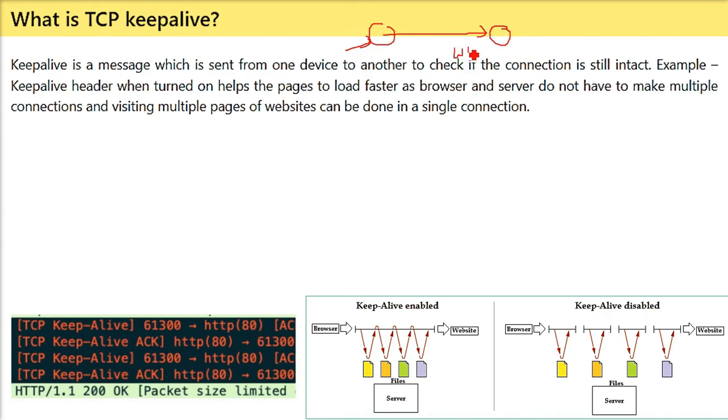You don't want every web page to need a separate connection, so keep alive helps in that also. But basically, keep alive is a message for checking whether the connection is intact or not.